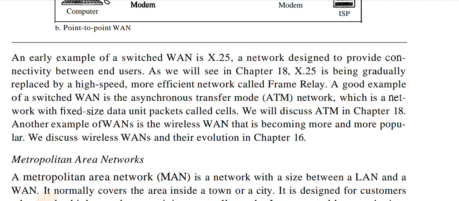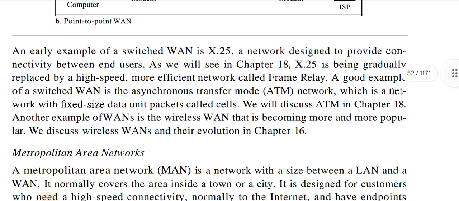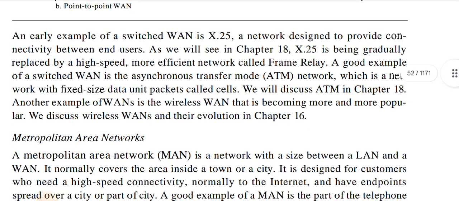An early example of a switched WAN is X.25, a network designed to provide connectivity between end users. As we will see in chapter 18, X.25 is being gradually replaced by a high-speed, more efficient network called frame relay.